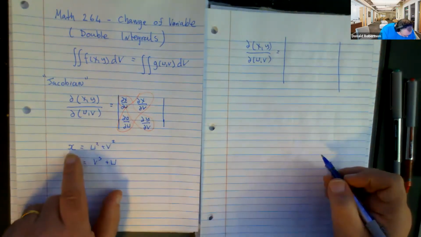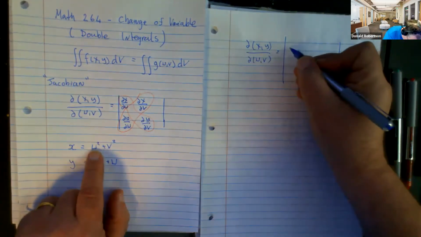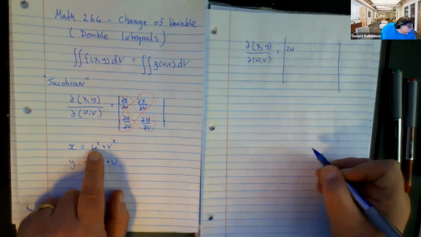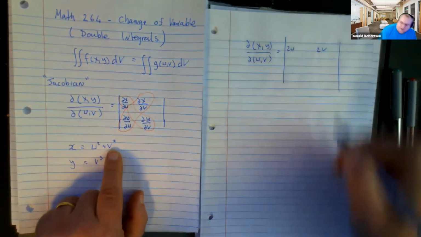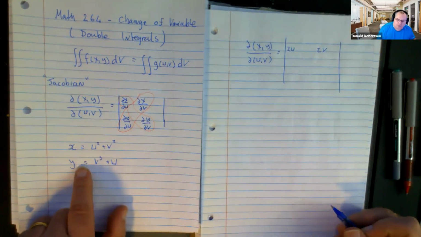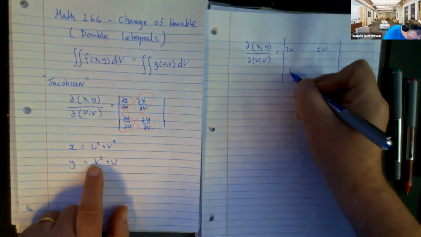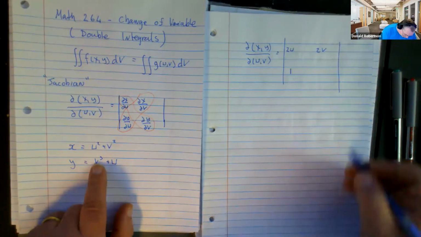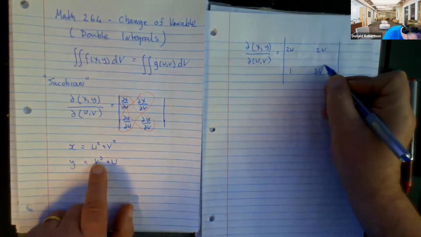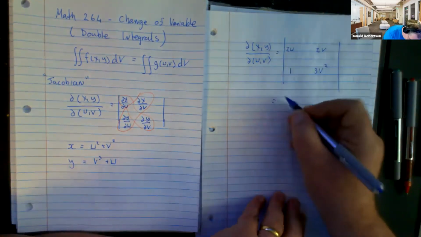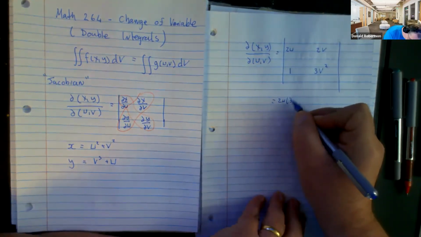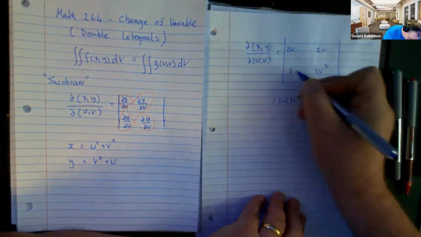The derivative of x with respect to u is just 2u. The derivative of x with respect to v is 2v. The derivative of y with respect to u is 1. And the derivative of y with respect to v is 3v squared. And major diagonal, take away minor diagonal.